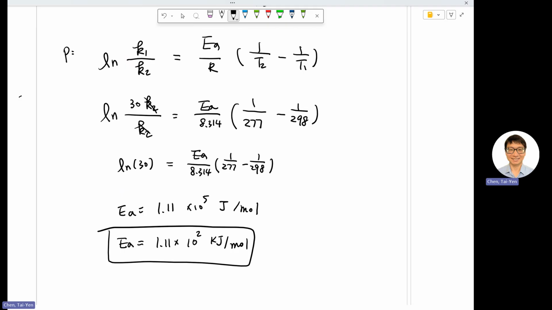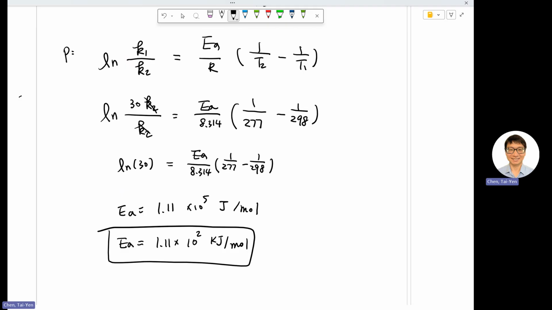Okay, quick recap. Every time you see the keyword activation energy, there are only two equations you need to go through. The reason you decide to go with the one with two temperatures is because the question gives 4 degrees C and 25 degrees C, so you know what equation to use already. Then you write out your data: T1 equals 25, T2 equals 4. The problem students usually have is how to write your K, because K is hidden in the description inside your question.